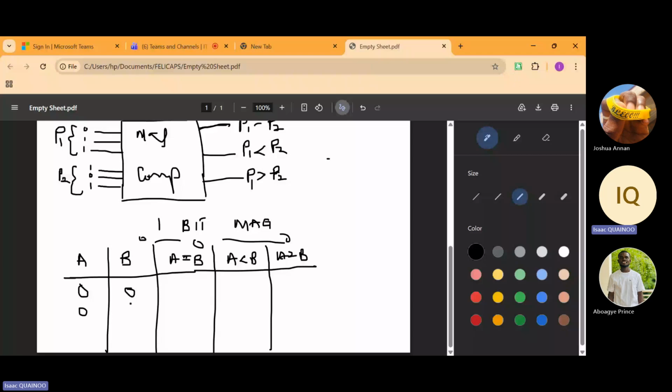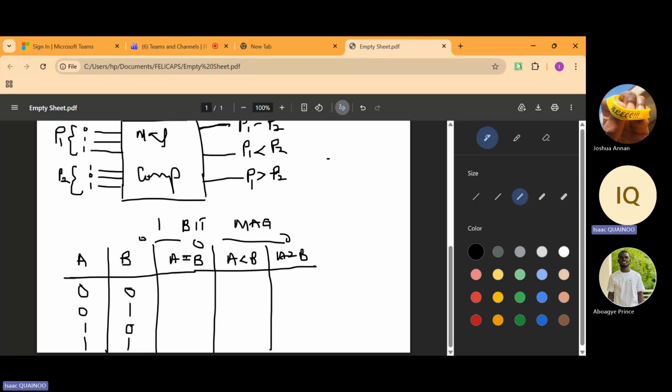Then you have 1 and 0, and then you have 1 and 1. Now these are our input combinations for A and B. A can be 0, B will be 0. A can be 0, then B will be 1. A can be 1, B will be 0. And A can be 1, and then B will be 1.